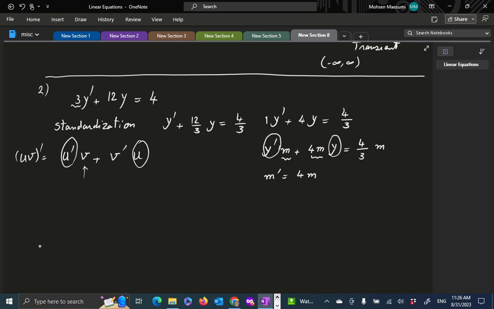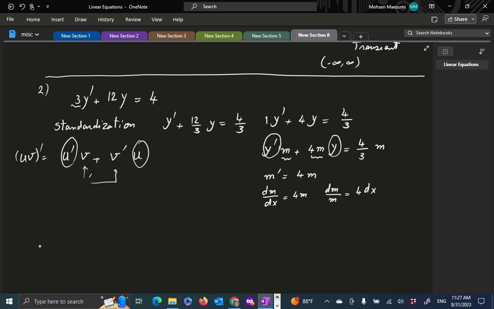This item, when it is differentiated, has to produce that item. Well, you get again a separable equation. Let's write it separable. dm dx is equal to 4m, or dm over m is equal to 4 dx.